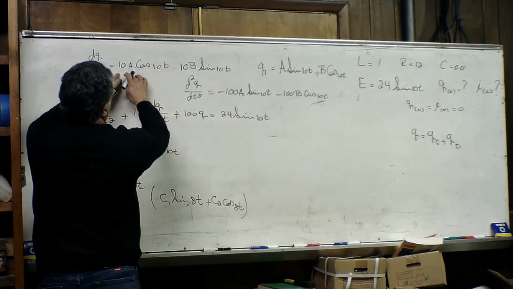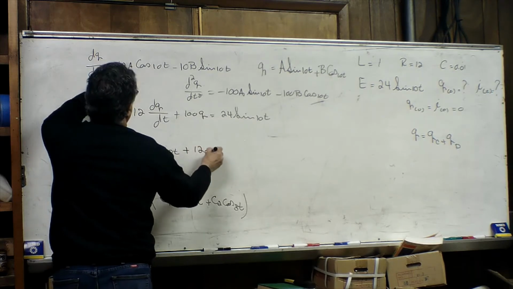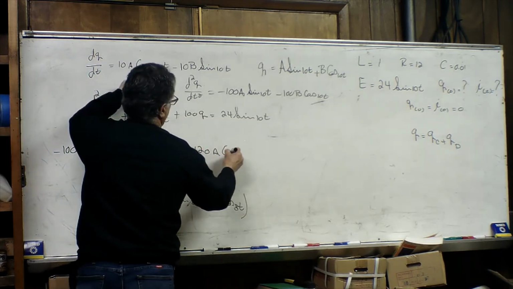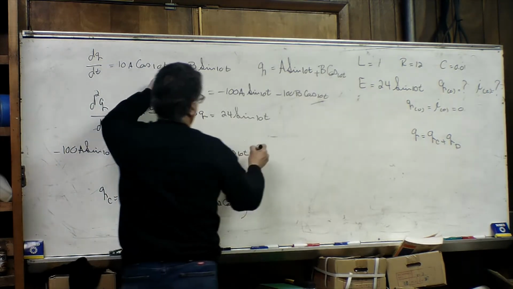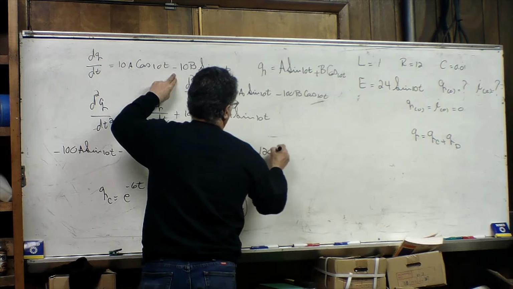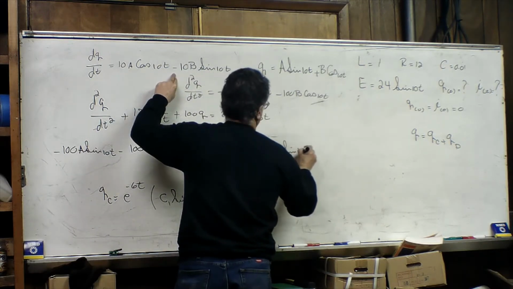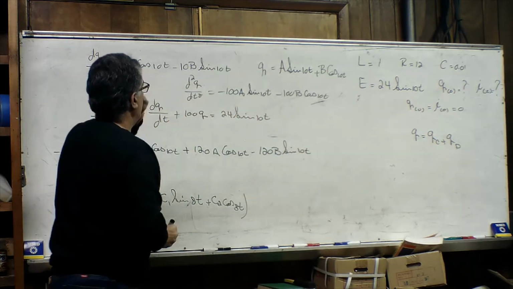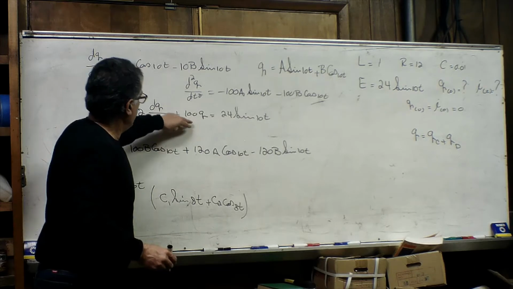So 12 multiplied by that will be plus 120a cosine of 10t minus 120b sine of 10t, plus 100 multiplied by q.